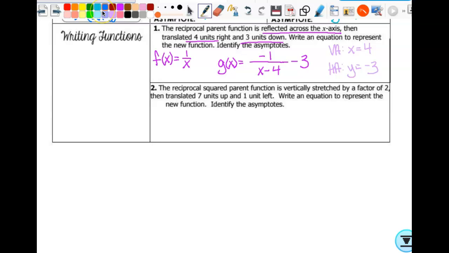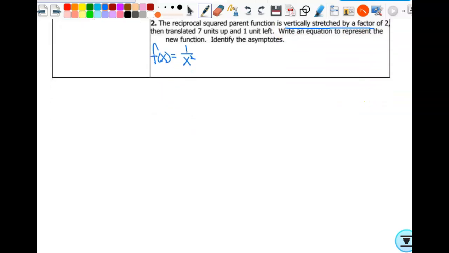All right, so let's look at the next one. The reciprocal squared parent function. So f of x is equal to 1 over x squared. It is vertically stretched by a factor of 2, translated 7 units up, and 1 unit left. All right, so g of x is going to equal, I have a fraction. Vertically stretched by a factor of 2, that's the a, so that's in the numerator.